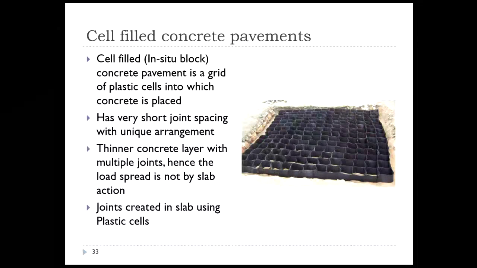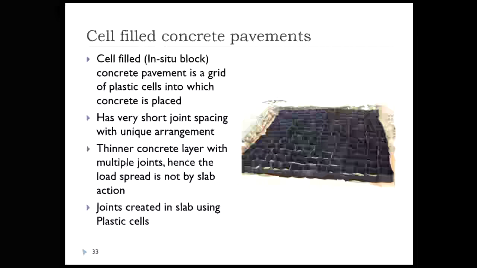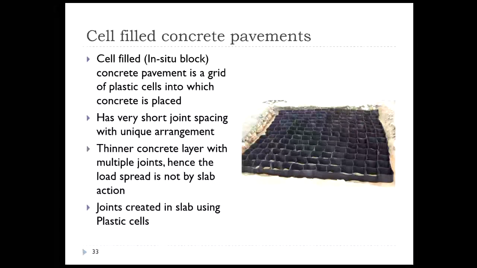But here our slab dimensions are reduced to such a level that the load transfer in self-fill concrete pavement does not happen like a conventional concrete slab. In a conventional concrete slab, we have slab action. But here, in self-fill concrete pavement, you find concrete being filled in plastic cells, so you can find a honeycomb shaped structure.